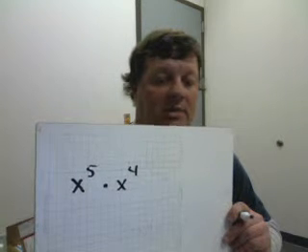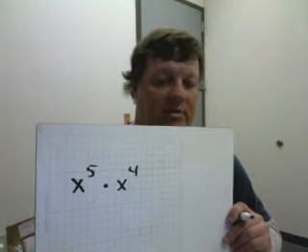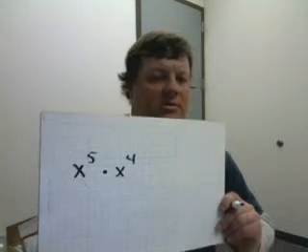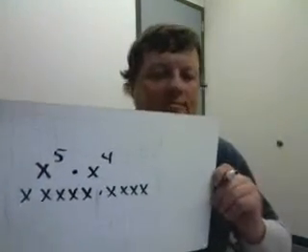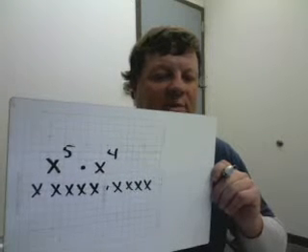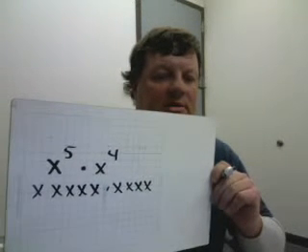Write out what it means, and then come up with your answer in exponential form, and then we'll talk about the conclusion of what we do when we multiply like bases. Okay, so here's what it means. 5 x's multiplied to 4 x's. When we write that in exponential form, we're going to end up with x to the 9th power.